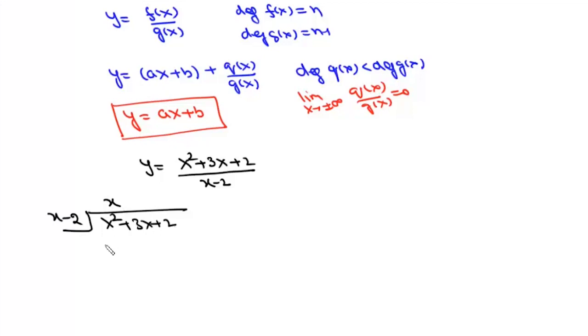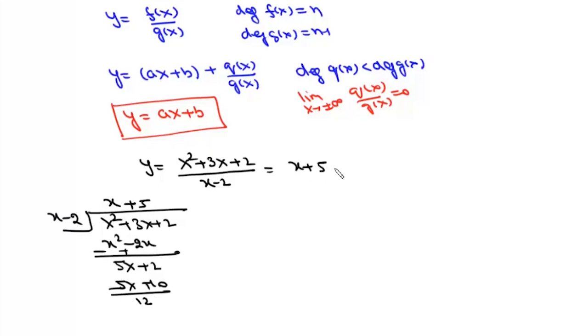Now this is x, so it will be x square minus 2x. Now this is minus, plus 5x plus 2, plus 5. So it will be 5x minus 10, and this is 12. So we can write this as x plus 5 plus 12 upon x minus 2.